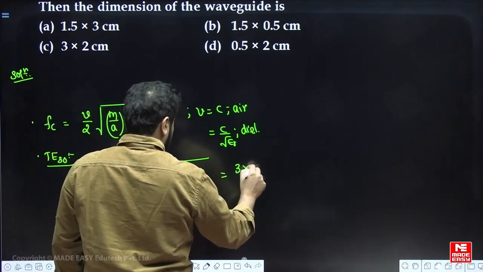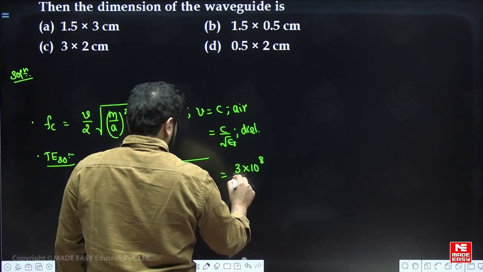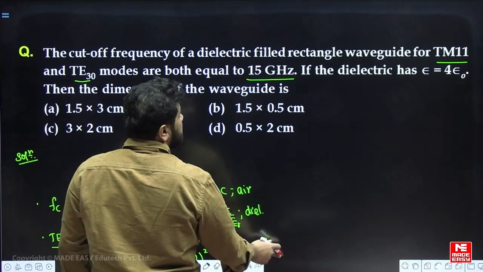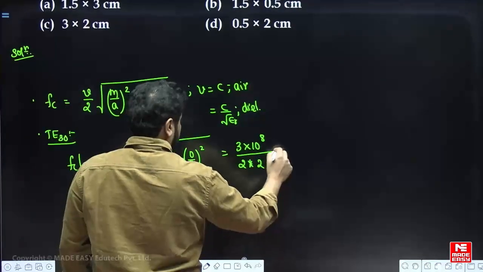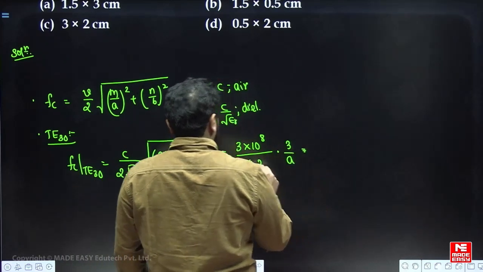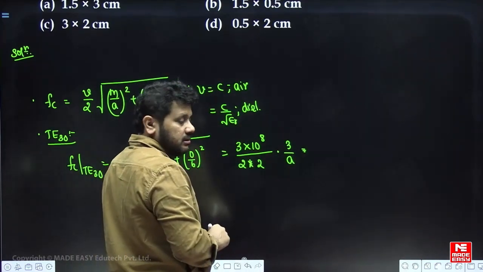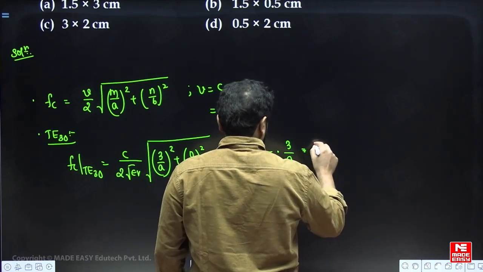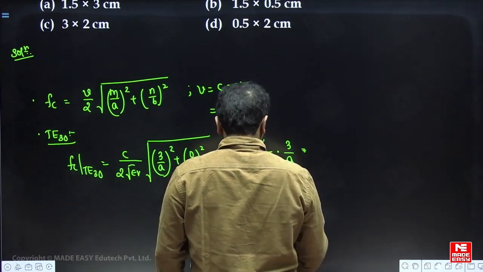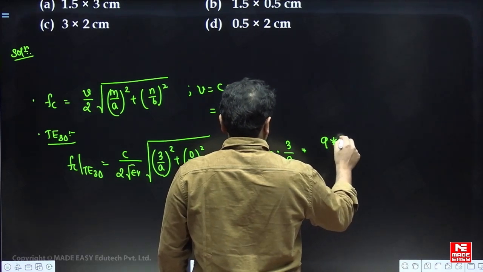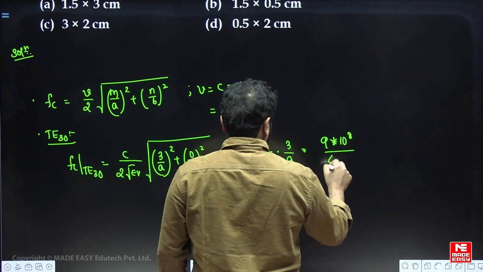It is 3 into 10 to the power 8 divided by 2 into root of epsilon r, which is 2, into 3 upon A. 3 threes are 9 by 2, 4.5, so 1.25. So this is your 9 into 10 to the power 8 divided by 4A.